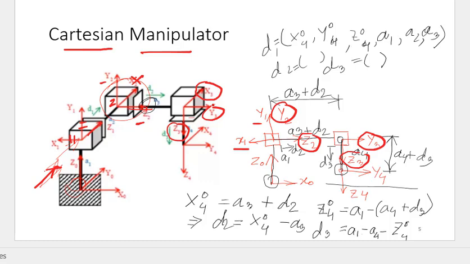Also denote that a1 is the link length, a2 also, and a2 and a1 are the same length, that's why we do not denote separately. And d2 is the variable distance, and a3 is the fixed link length. That means a3 is the link length.